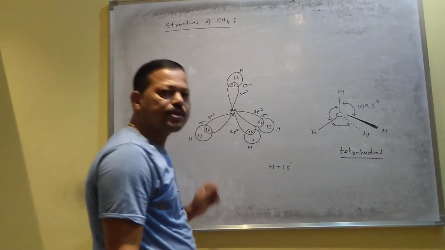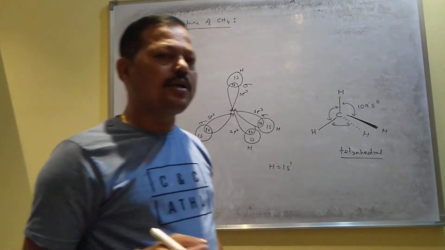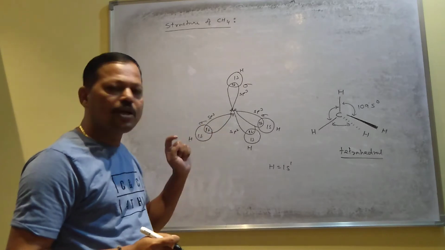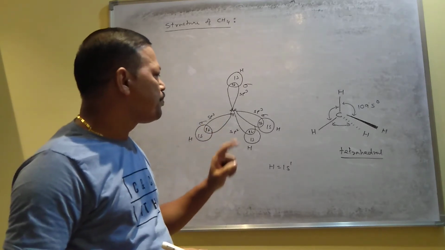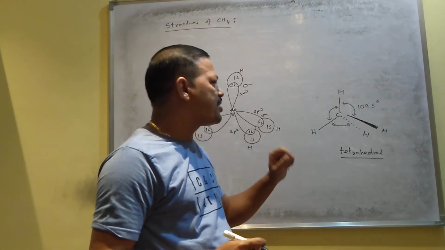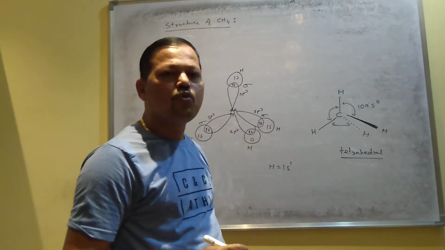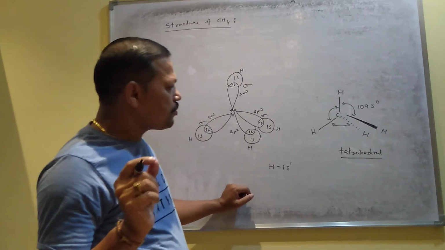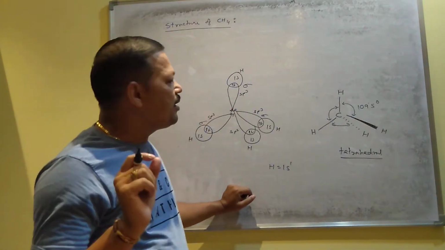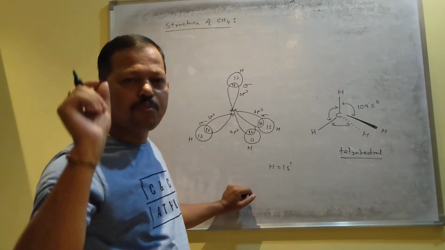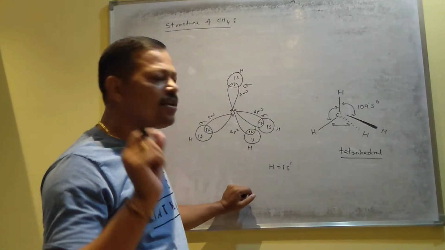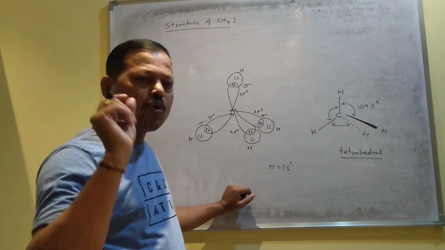So if someone asks you why methane adopts a tetrahedral shape, the answer is that in methane the carbon atom undergoes sp3 hybridization, and that is why its structure is tetrahedral, and the bond angle is 109.5 degrees. You know, alkanes like methane, ethane, propane, butane, all alkanes contain only single bonds.